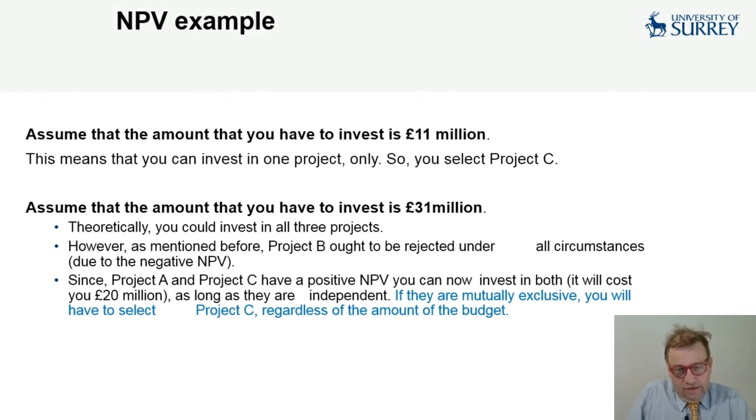But when they are independent, we could and we should invest in both. However, obviously, project A is comparatively less profitable than project C, but they're both profitable, so we should do it.